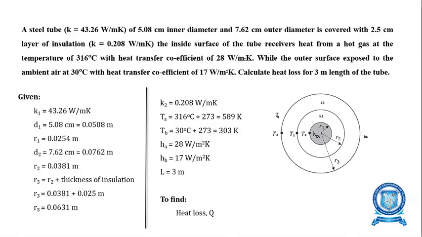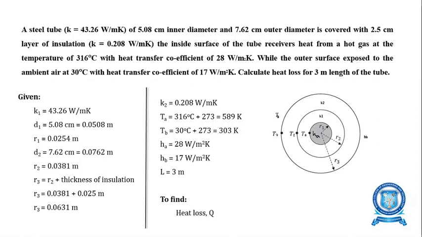Here we have converted the diameter into radius R1. Therefore, the inner radius of the steel tube is 0.0254 meters. We have to convert all the parameters into meters.